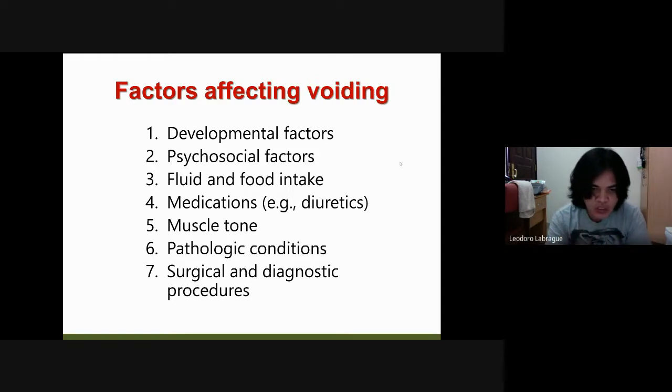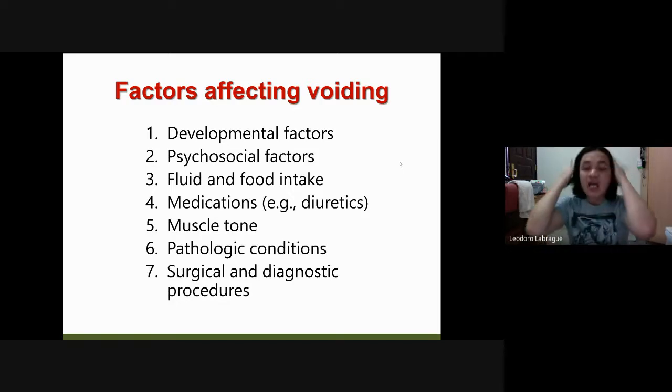How about surgical and diagnostic procedures? Of course, if the patient underwent surgery involving the urinary system, or if the patient underwent diagnostic tests to visualize the bladder, these procedures can actually alter the functions of the urinary system.